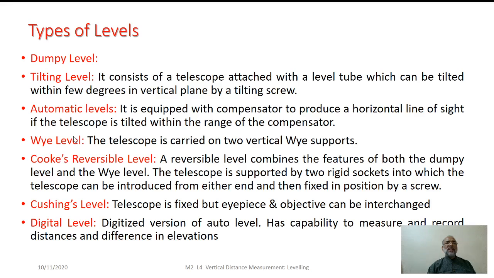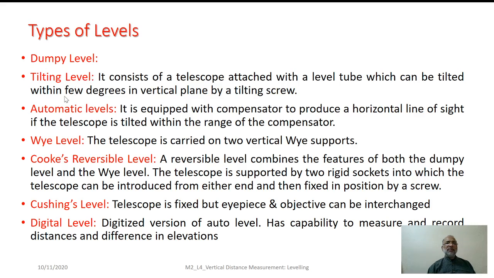In order to carry out such leveling work, there are a number of levels like the dumpy level, tilting level, automatic level, Y level, Cook's reversible level, Cushing's level, digital level, etc. Depending on the kind of speciality it has, the level can be recognized. We'll be speaking more about the dumpy level as we proceed further.